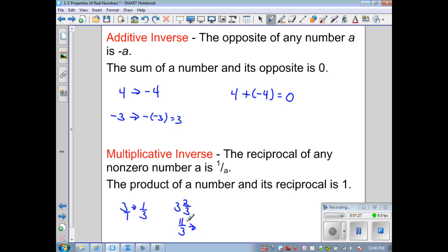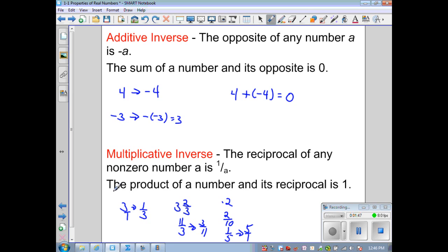Therefore, its reciprocal is going to be 3/11. If I have 0.2, that is actually 2/10, or 1/5, when you simplify, and its reciprocal is 5 over 1.